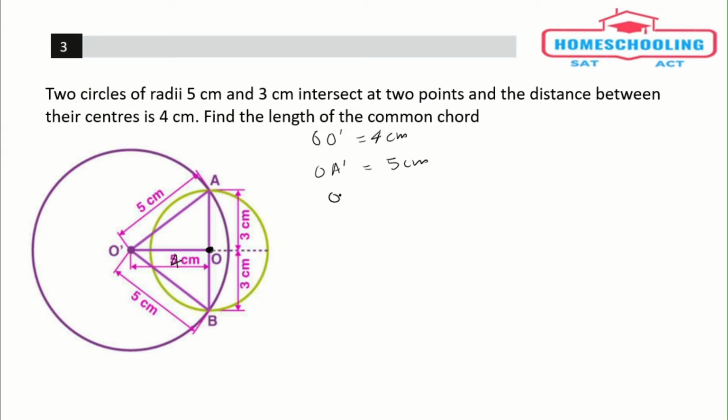And OA, from here to here, is the radius of the smaller circle, so 3 centimeters. We have to find AB. As we can see, this is also a radius and this is also a radius. So AB is equal to AO plus OB, which is equal to 3 plus 3. Final answer would be 6 centimeters.